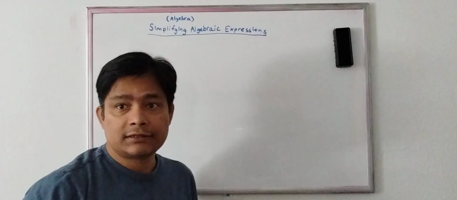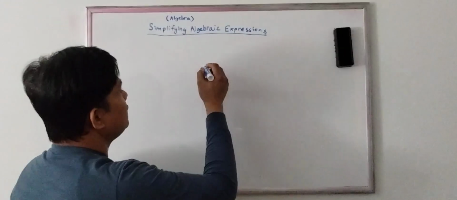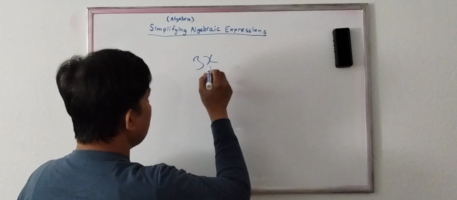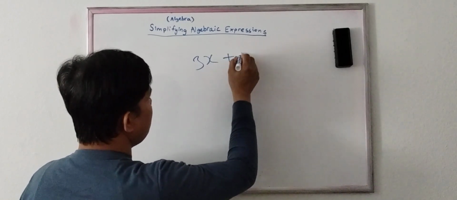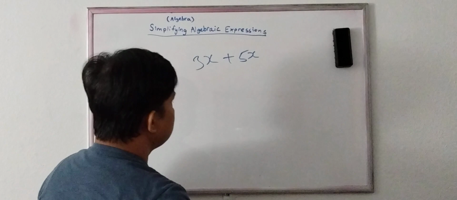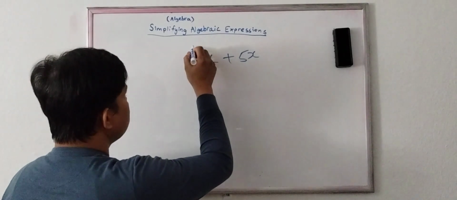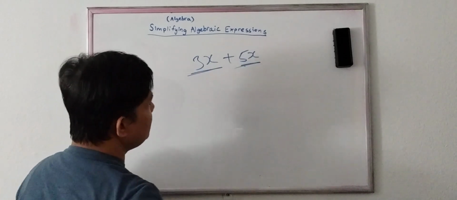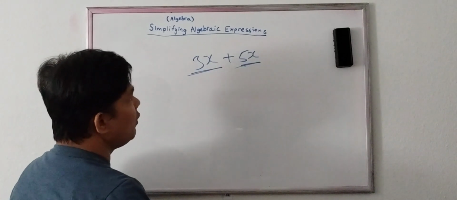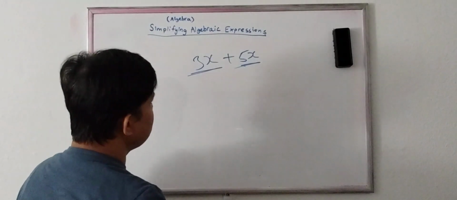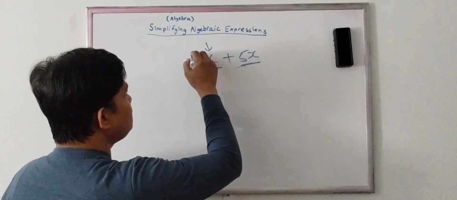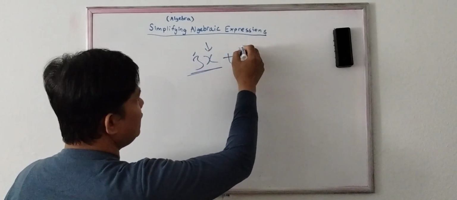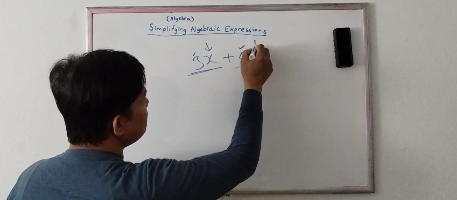So let's start with the simple examples. Same thing, if I say add 3x to 5x, when we have to apply the mathematical operations to these algebraic expressions or variables, while adding or subtracting, we have to make sure that these constants 3 and 5 have been multiplied to the same variable.